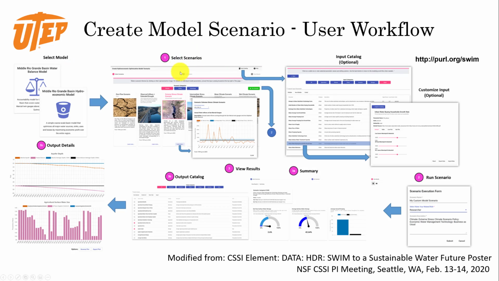Then they will need to go through a selection of scenarios, and they also have the chance to look at the different parameters that are affected by that scenario. So one scenario can affect one or multiple parameters in the system, and we also give users the chance to actually look at how these parameters change when you click on a different scenario.